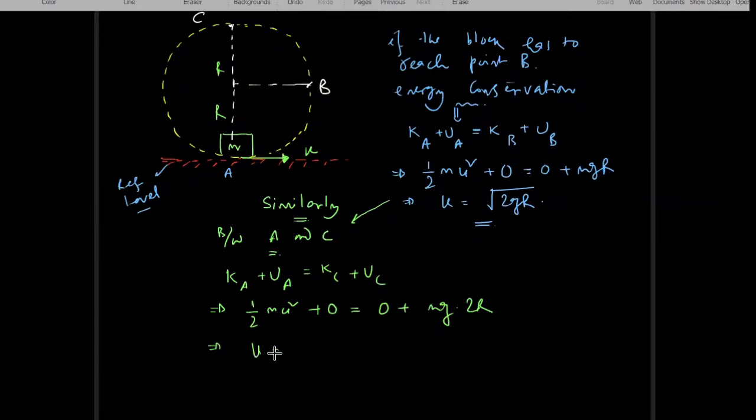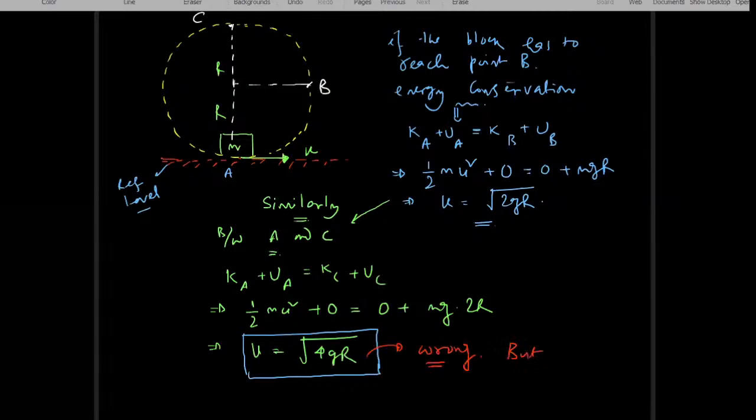So we get u equal to root under of 4gr. Wow. If you remember yesterday's result, then you know that this result is wrong. Wrong, okay, but why? Where are we getting it wrong? What is the thing that is making this result wrong? That we have to study in the subsequent process.